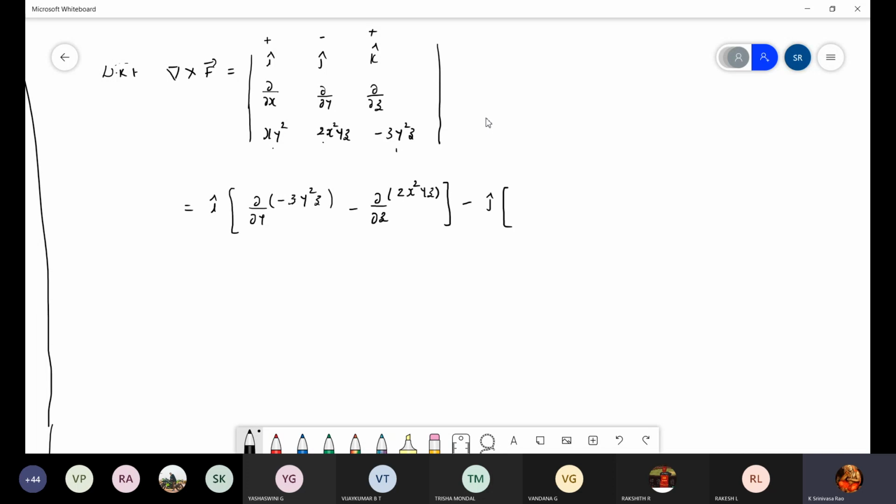Minus j cap into dou by dou x of. This particular column you neglect, you just delete it in your mind, and the remaining you will get 4 terms as a 2 cross 2 determinant.